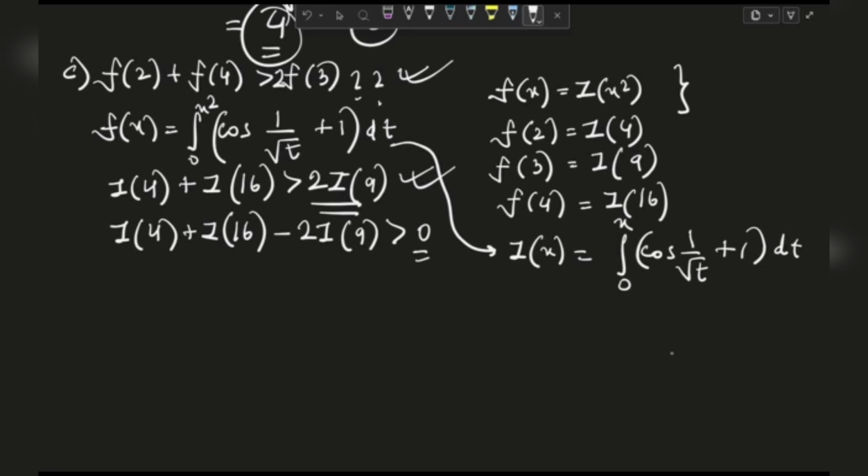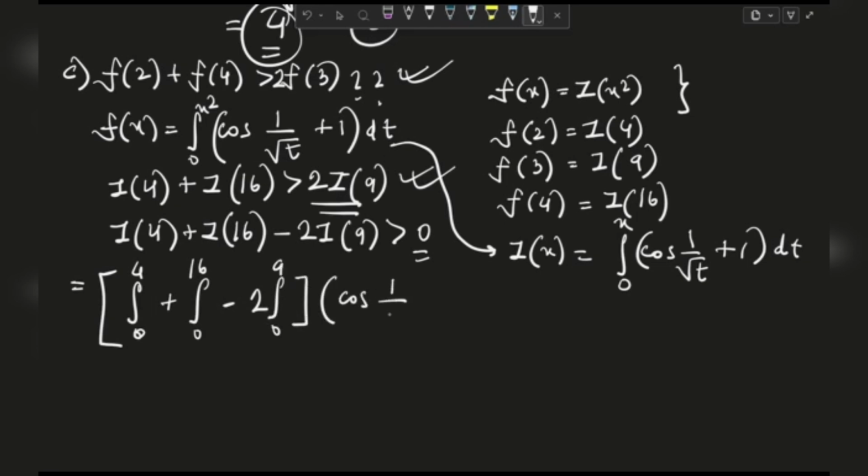So now let's try to write this in the integral form. Because all the integrals are here, I am taking the integral sort of in one bracket. Although I don't think this is a good way of representing, I am writing it just for convenience. So I grouped all the integrals into one bracket, and this thing will directly be cosine 1 by root t plus 1 dt.